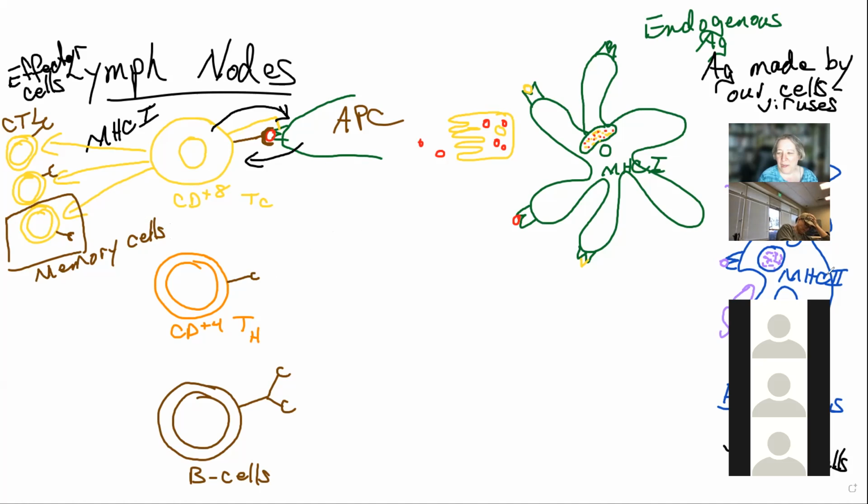All right, so we're going to get this blue antigen presenting cell, and it's going to display its MHC2. And we're going to say that this bit and piece of this bacterium is an exact match for its T cell receptor.